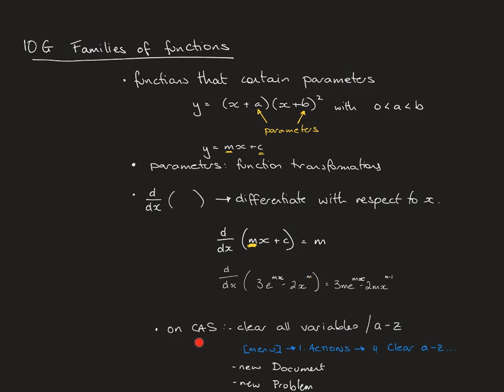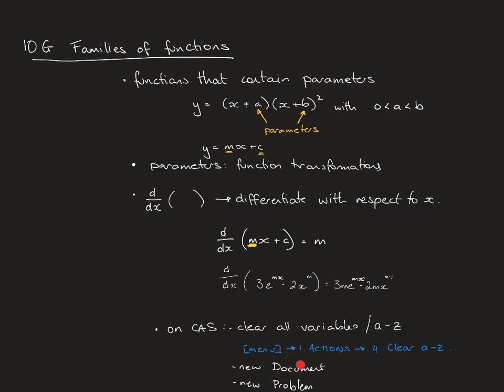The other thing you need to be careful of if you're working with families of functions or you're working with pronumerals is to make sure that you're not doing calculations with pre-existing values of pronumerals from like a to m. So there's different ways that you can make sure that that's the case. If you don't want to create a new document which starts all of the variables as a clean slate or a new problem, then you can clear all your variables using your menu button actions and clear all variables.